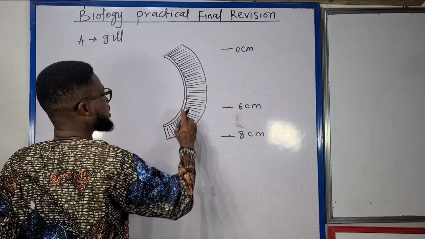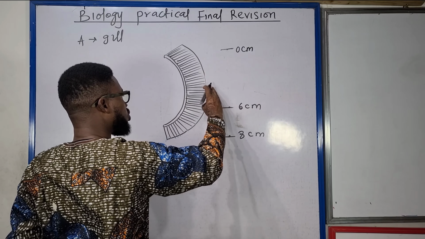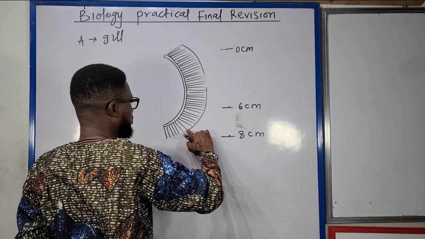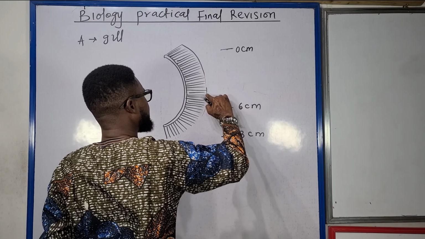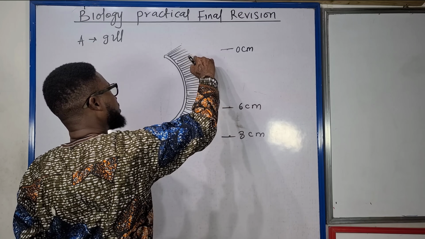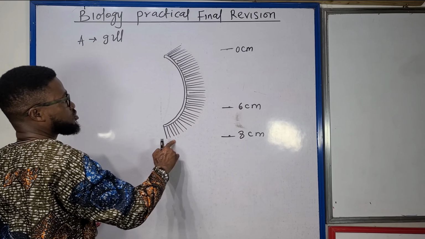Of course, it's a lot easier drawing with pencil. So immediately you've done that, the next thing is to take off that line on the outside. It has served its use.